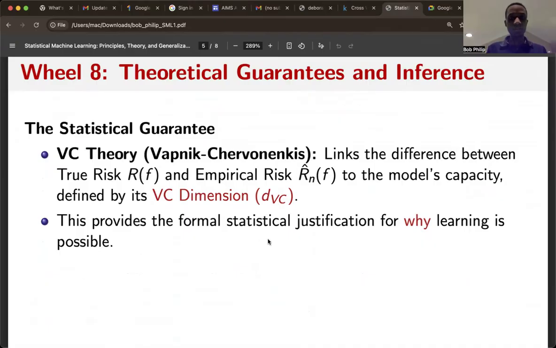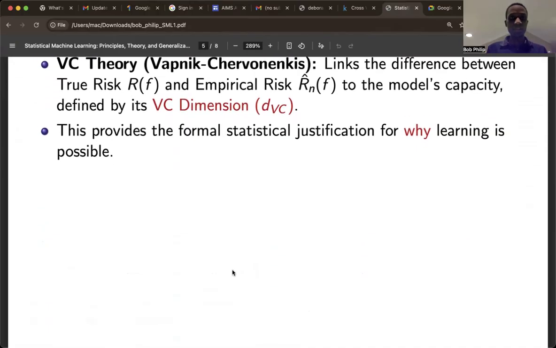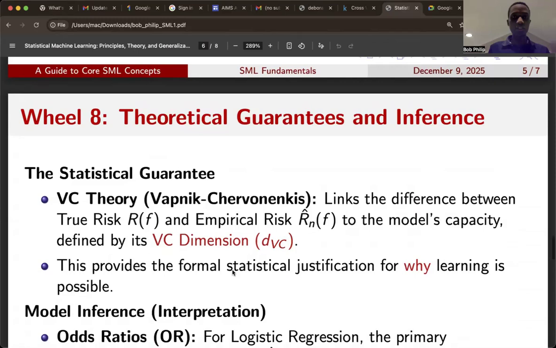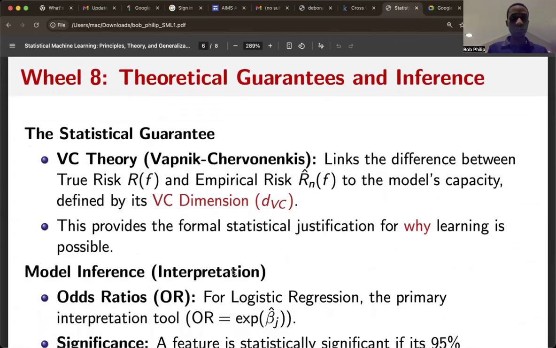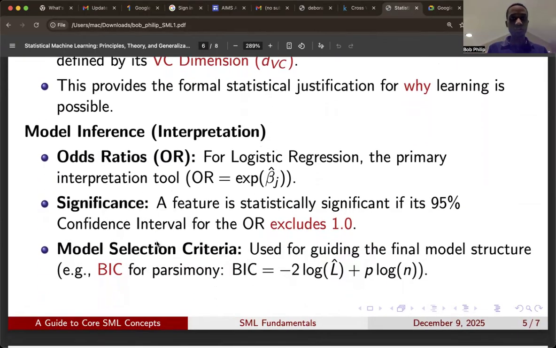If we build a hypothesis, we ensure that we are within the dimension, and in this case we use VC theory, the Vapnik-Chervonenkis theory. For the theoretical guarantee of inference, we link the true risk and empirical risk to the model's capacity defined by the VC dimension, which promotes formal statistical justification of how learning is possible.